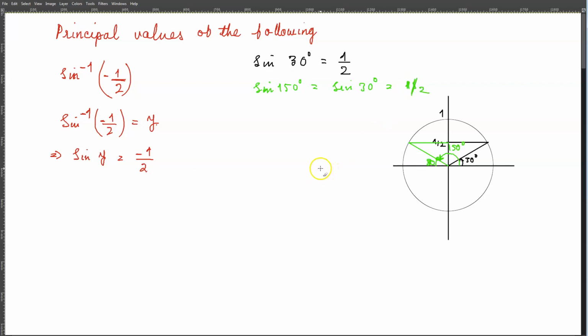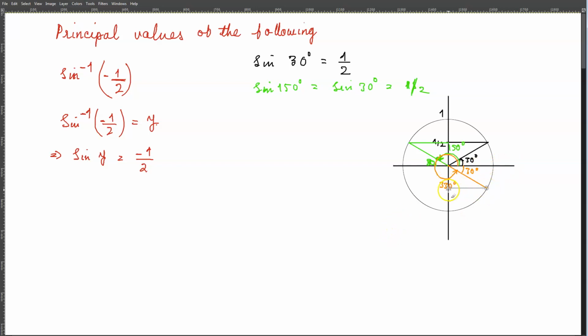right? Now what I'm looking for is some angle whose sine is not positive 1/2 but negative 1/2. That means that I could draw some angle over here in such a way that this angle becomes 30 degrees, and as a result the whole angle starting from here all the way up to here becomes 330 degrees, right?